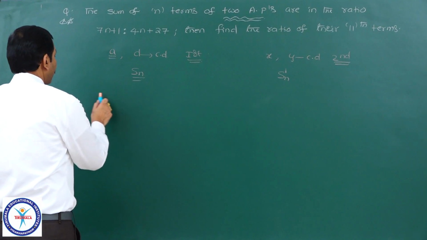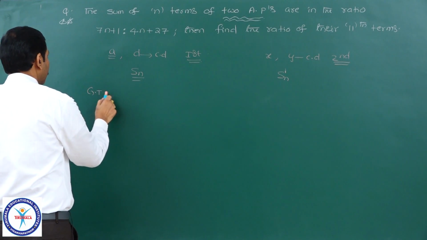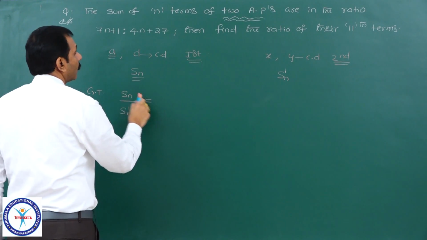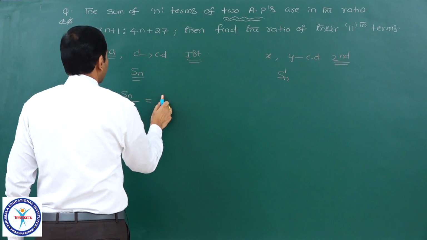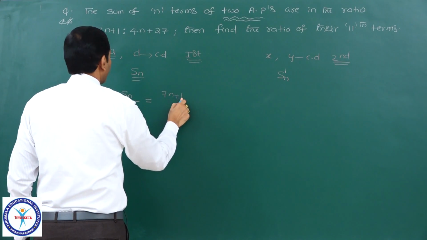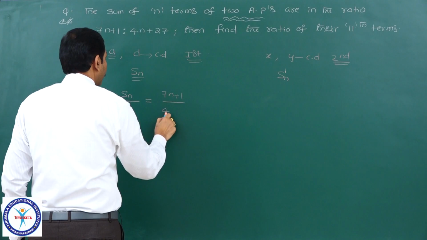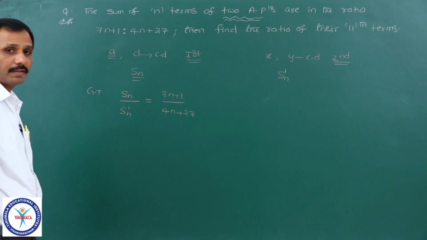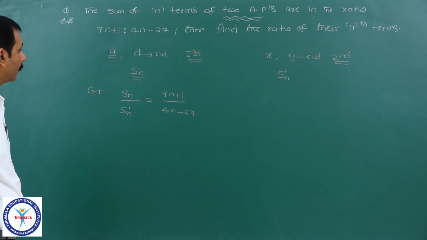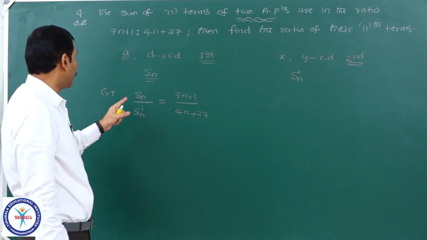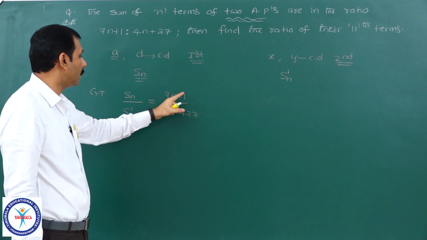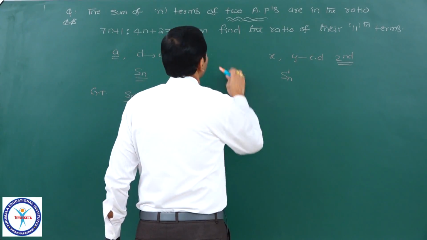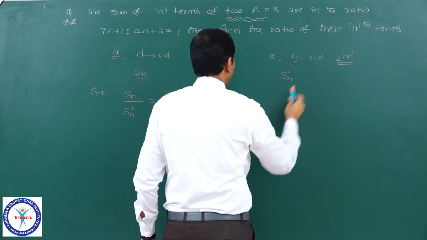Now, what is given: Sn by Sn dash is equal to (7n plus 1) by (4n plus 27). What they are asking is the ratio of their 11th terms.